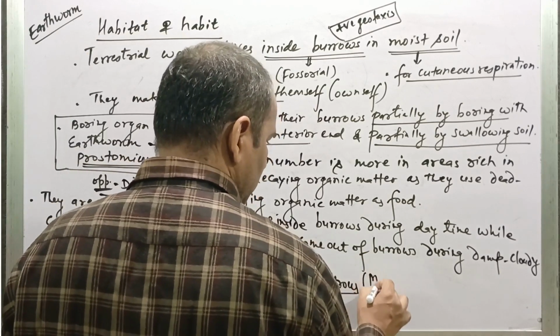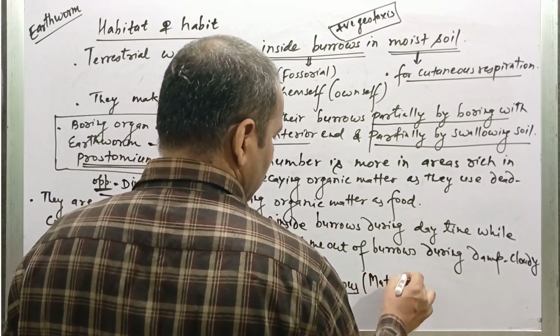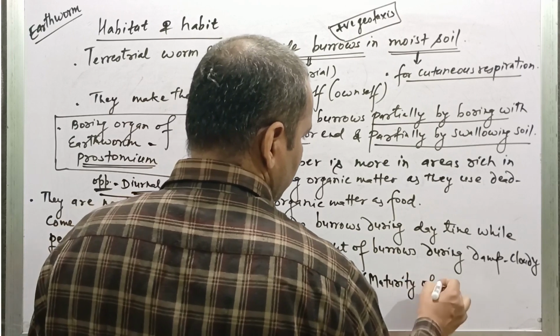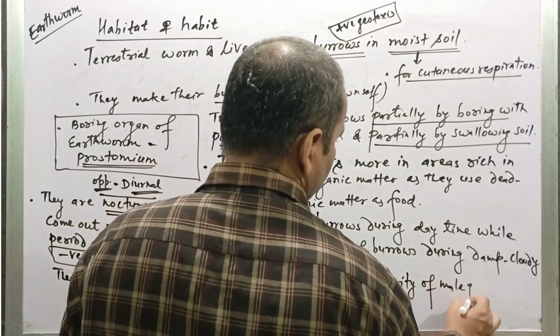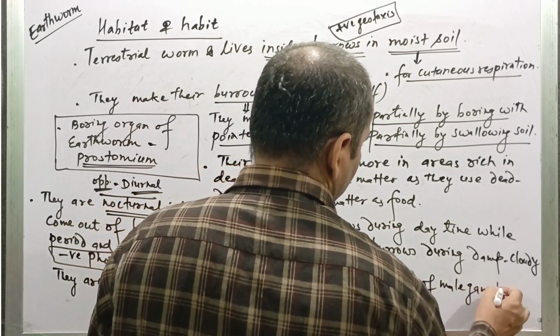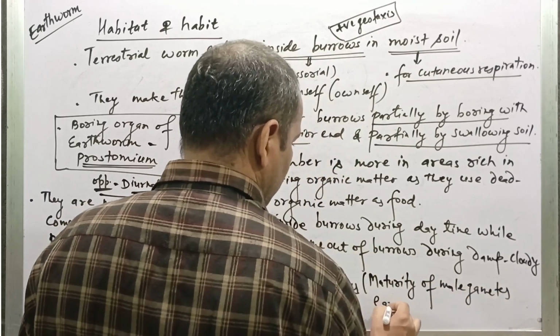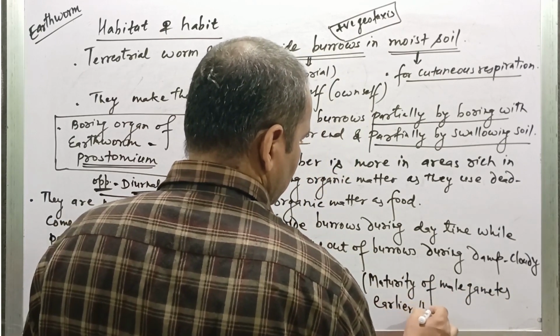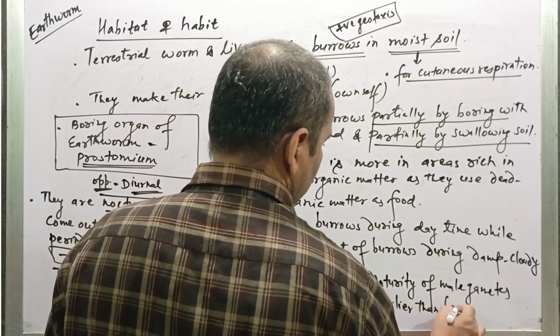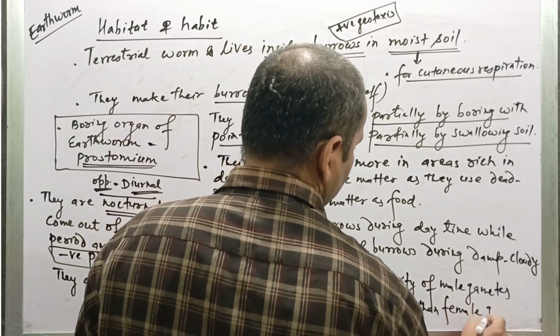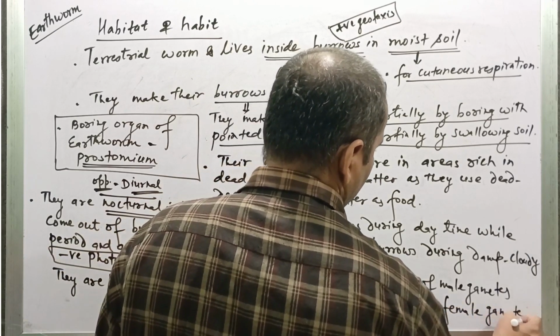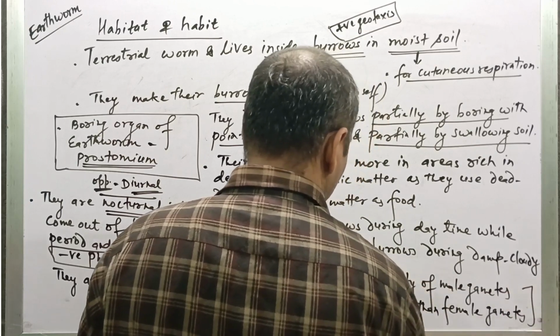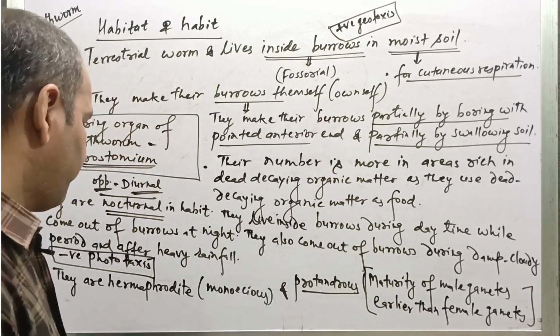Protandrous means maturity of male gametes earlier than female gametes in hermaphrodite organism.